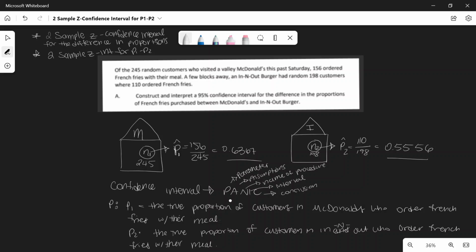So again, if you remember back in earlier lessons in statistics, you have a population, and any numbers in a population that you want to describe are known as parameters. But because it's really hard to find an actual population size, for example, if you want the true proportion of United States citizens who like flowers, it's really hard to get all of them.